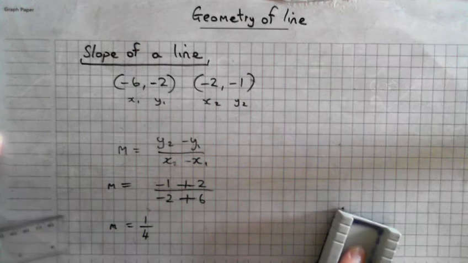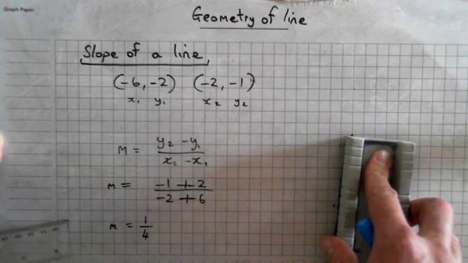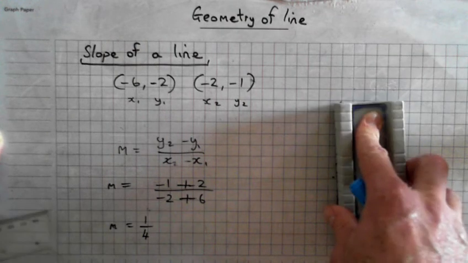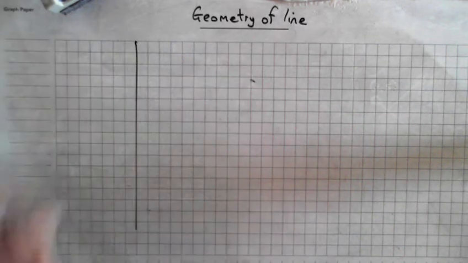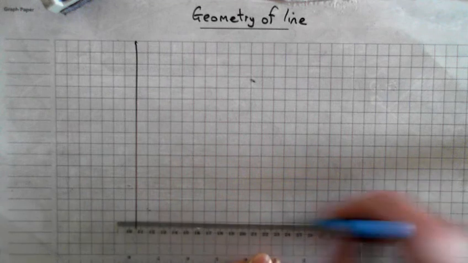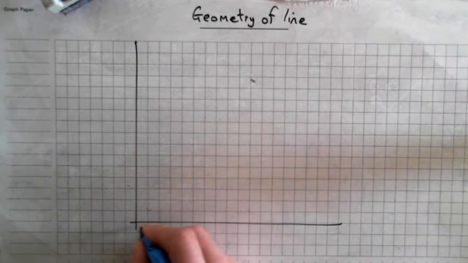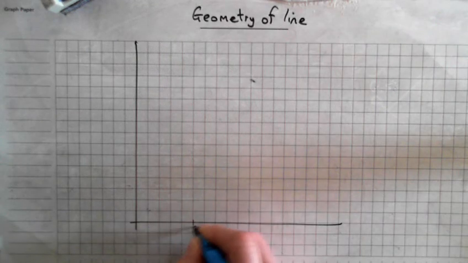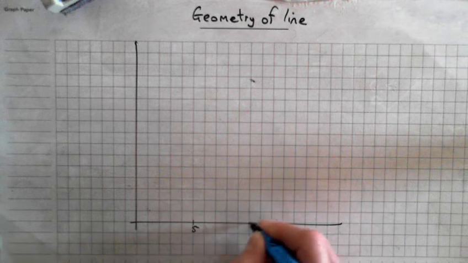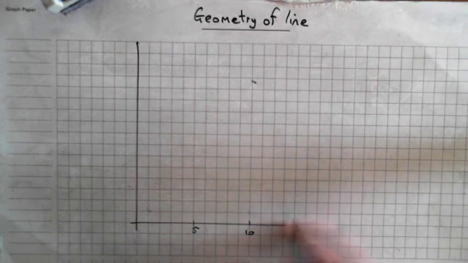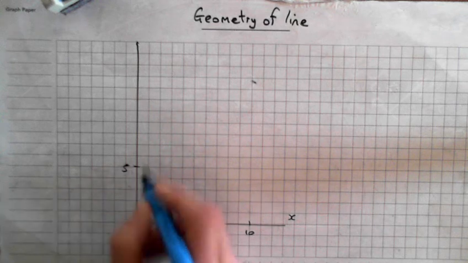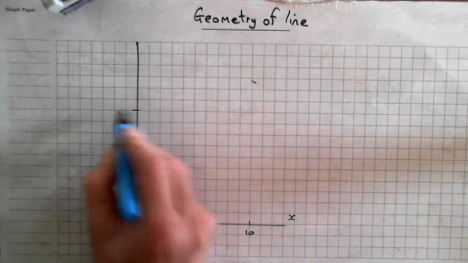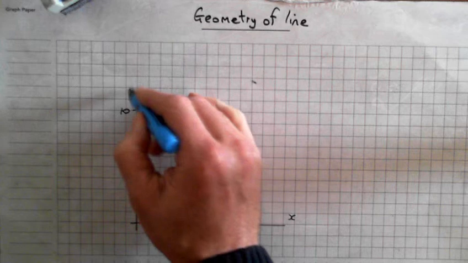Now, we'll just look at individual lines and what slopes actually mean. That's 0, 1, 2, 3, 4, 5, 6, 7, 8, 10, that's the x-axis. 5, 6, 7, 8, 9, 10 on the y-axis.